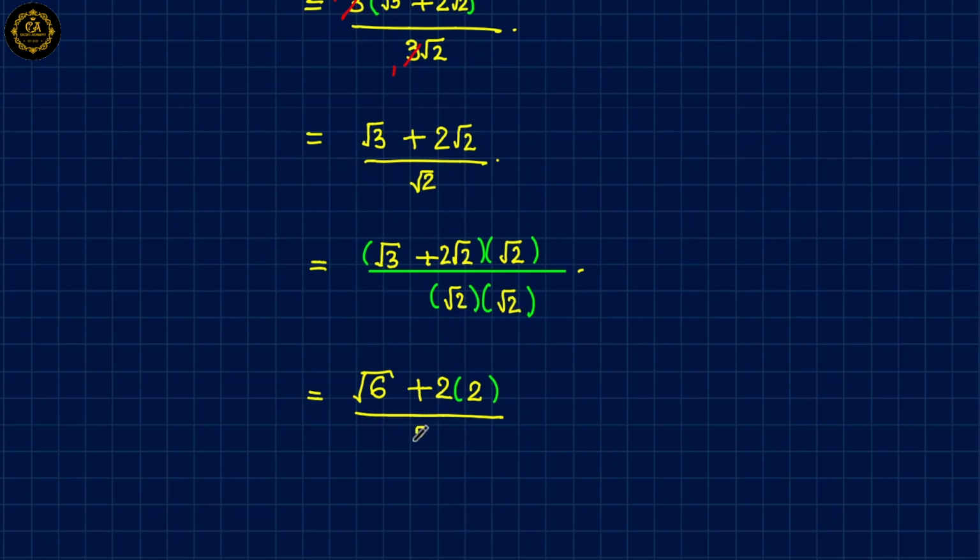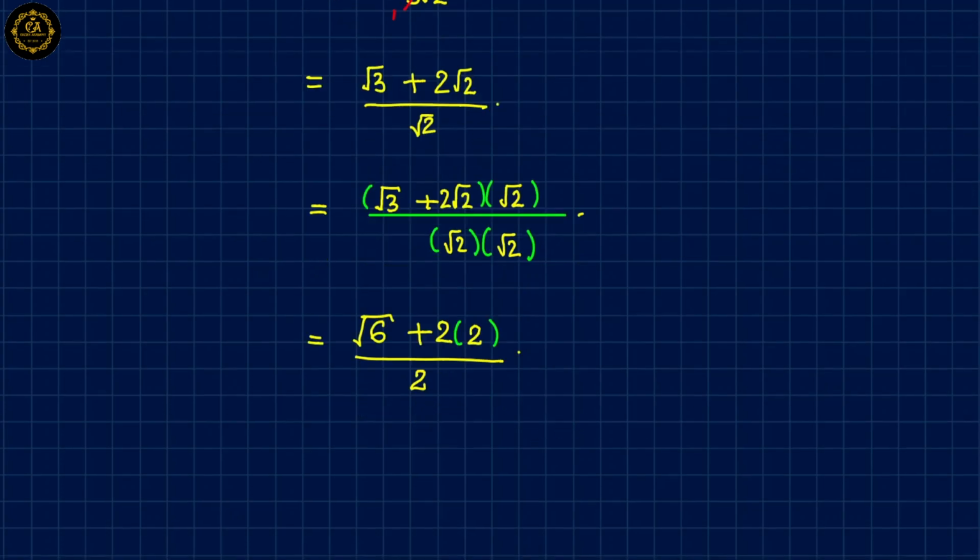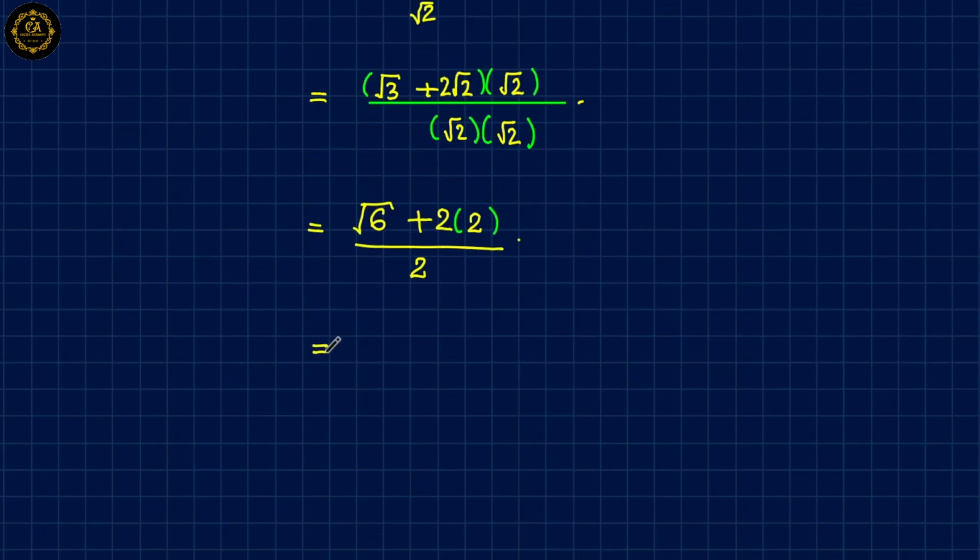We have 2. Now after that, we can simplify that term with a bracket, and we have to copy the first one. We have here root 6 plus 4 all over 2. Now we can distribute the 2 to root 6 and 4. So we have root 6 over 2 plus 4 over also 2.